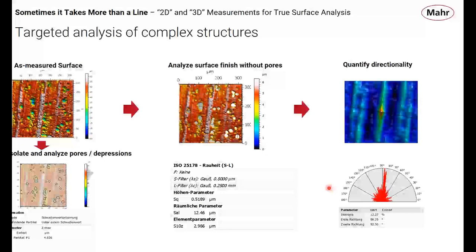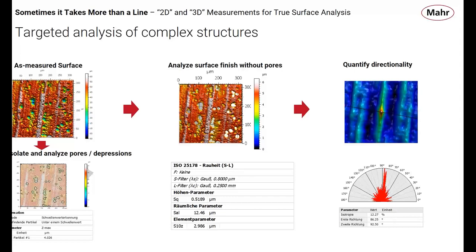So on the left-hand side, we're going to start out over here. We have our as-measured surface. So this is the surface we have been looking for. The first task that I do is I am going to isolate and analyze these pores. So I can tell the software, go in, and we have a couple of different algorithms that we can use. And my apologies for the German language on my graphic here, but we used essentially a height thresholding technique to isolate these pores.